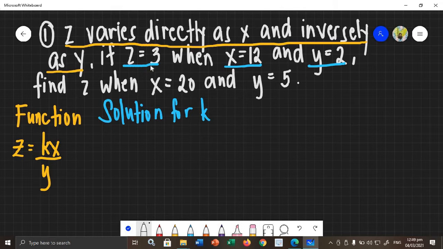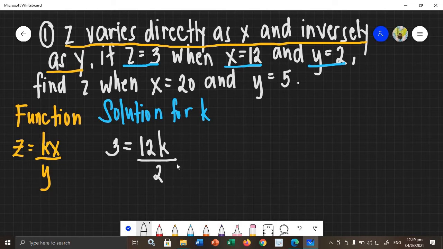Our z is 3, is equal to k, and our x is equal to 12. Rewriting this expression, the number should come before the variable, so it becomes 12k over the value of y, which is 2.